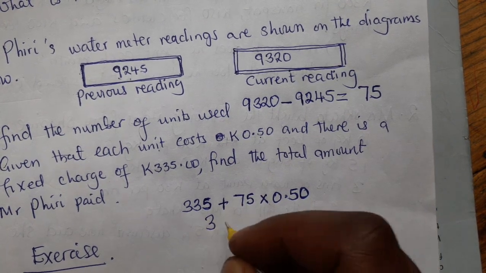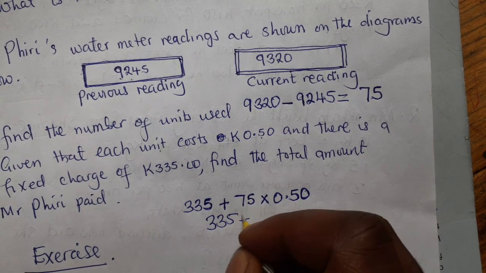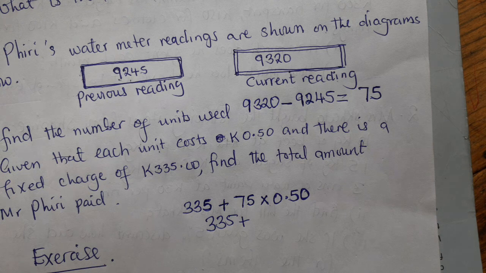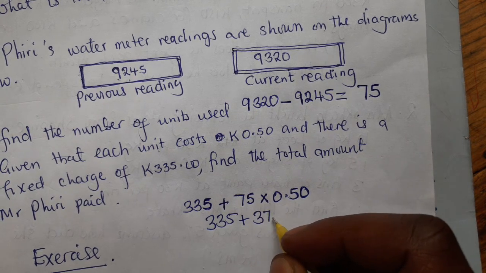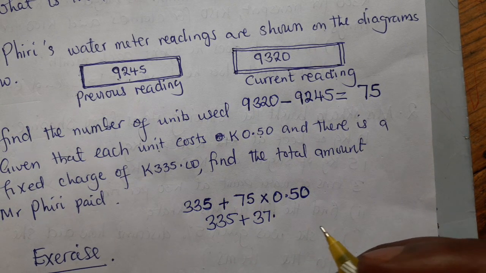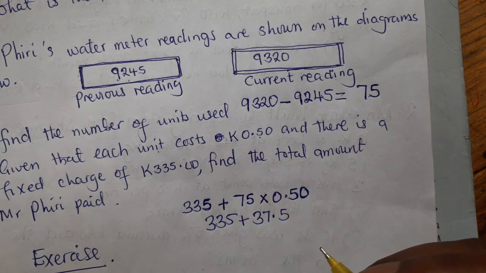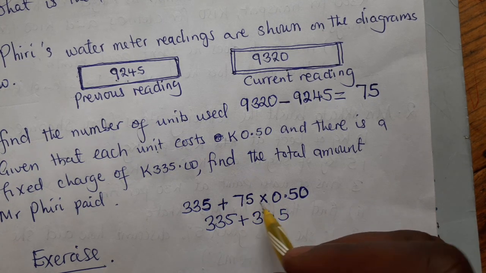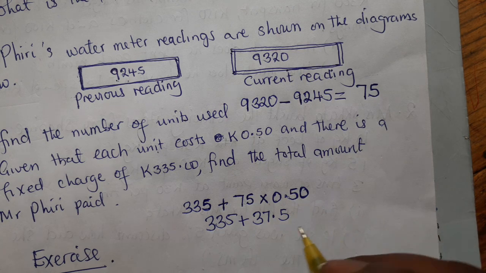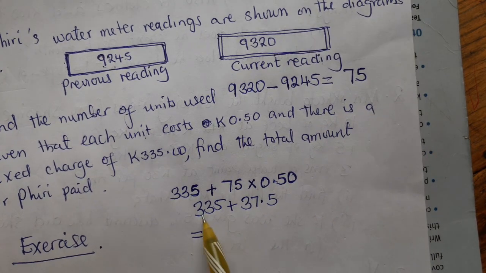So this is going to be 335 plus, can we multiply this? How do you multiply decimal numbers? What are we going to get? This is going to give us 37.5. When you multiply 75 by 0.50, this equals 37.5, and we now just add those.